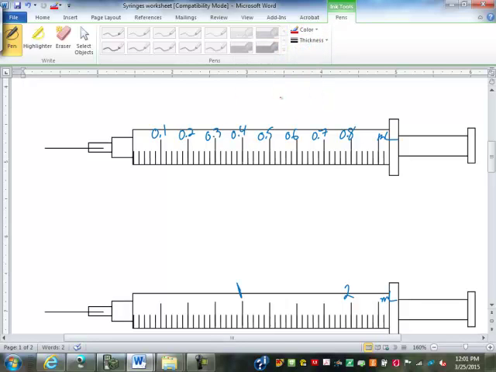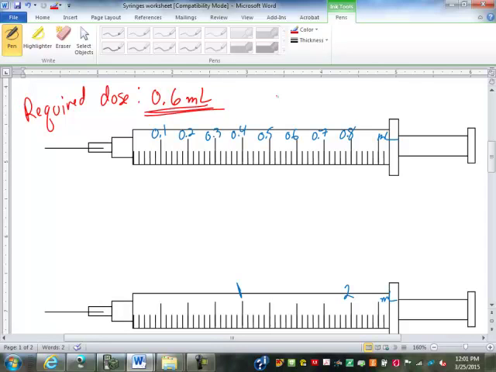And let's say that we have a required dosage now of 0.6 milliliters. Both of these syringes are capable of administering 0.6 milliliters.